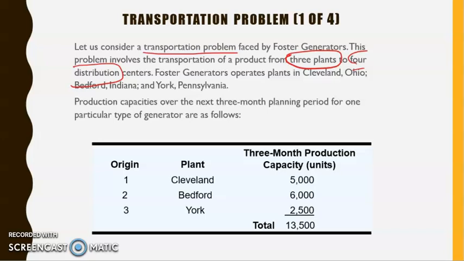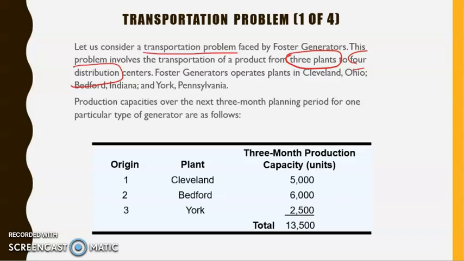You have 3 plants. You want to do a planning for the coming 3 months, and the Cleveland plant as origin 1 has 5,000 units capacity, because you have to know how much capacity there is, since it's an origin to send to some destinations to satisfy some demands. The next one, origin 2, Bedford, has the capacity of 6,000, and York has the capacity of 2,500.